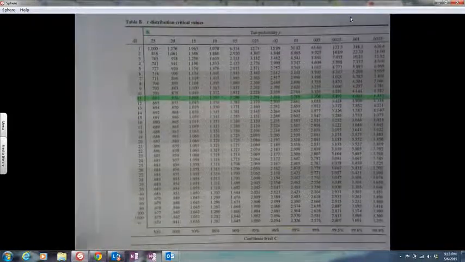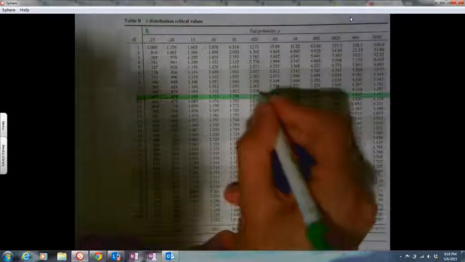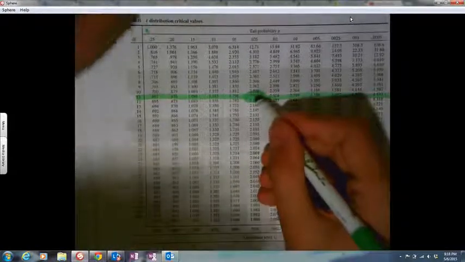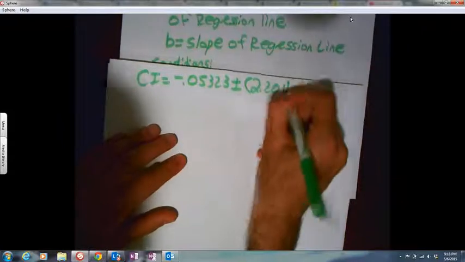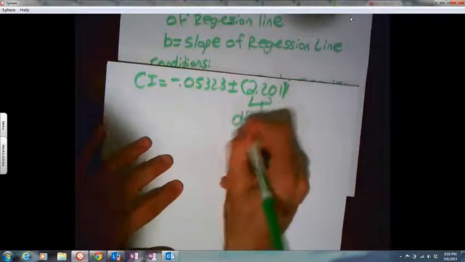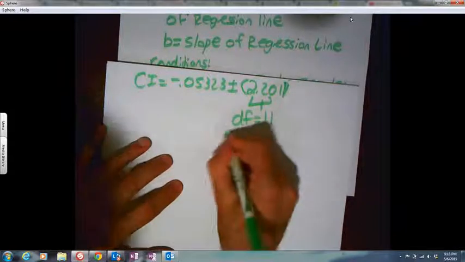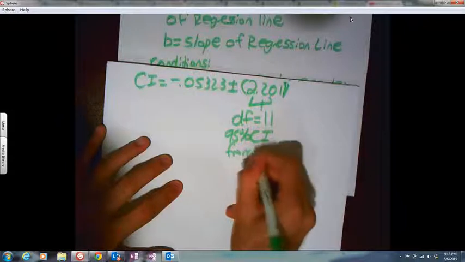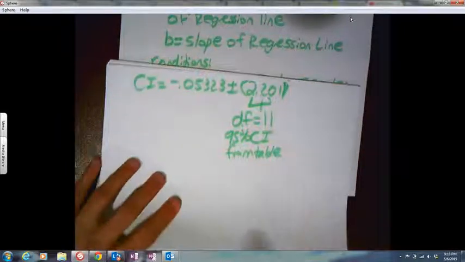And we want 95%, so I'm going to be right here, 2.201. I'm just going to write that this is with DF equals 11, 95% CI, and it's from the table. And then SD is 0.00618.